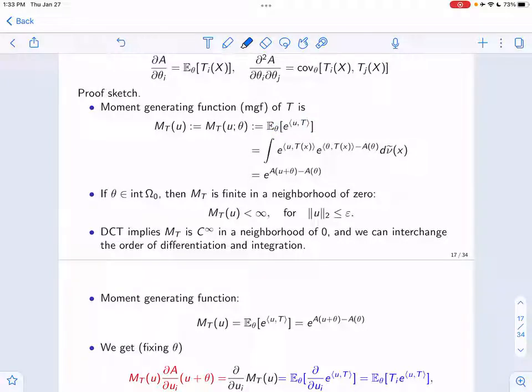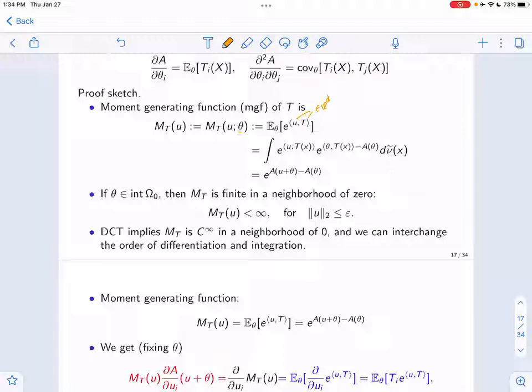So you take e to the, this is the inner product of u, which is a parameter vector. So u is in R^d. Both of these guys are in R^d. And so basically, that's the MGF of T. And we also put a theta here because it also depends on the underlying theta.